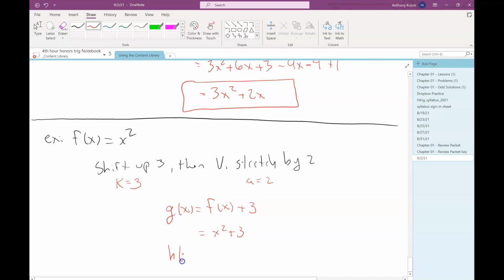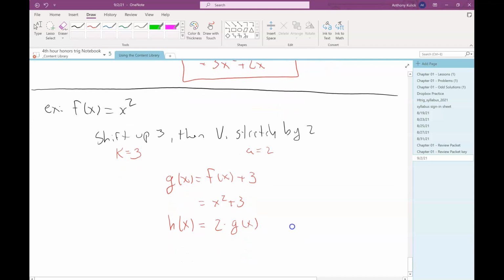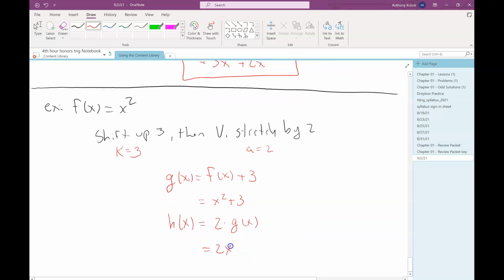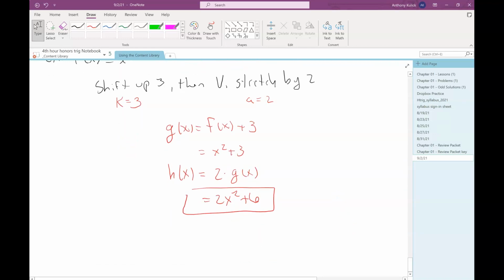My second transformation is going to be to take that previous result and multiply it by 2. Since we're applying 2 successive transformations to the same function, if we reverse the order, do you think we're going to get the same thing? If we stretch first and then shift? I don't know. Let's see.